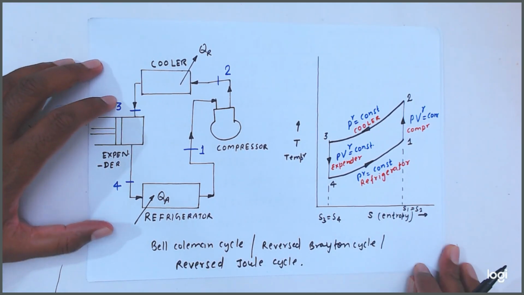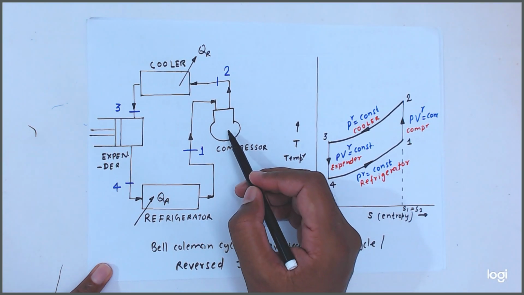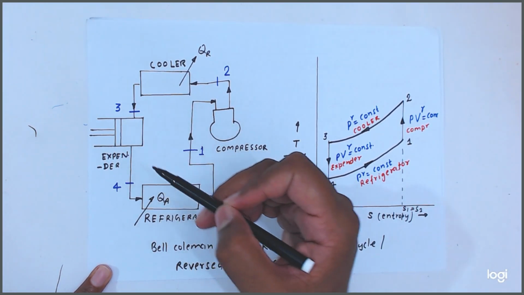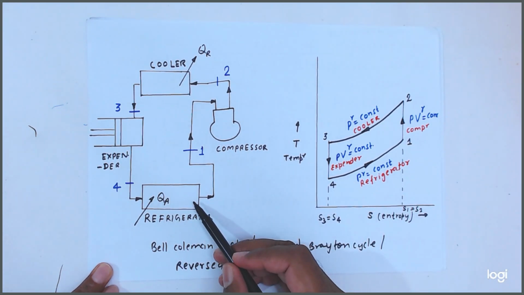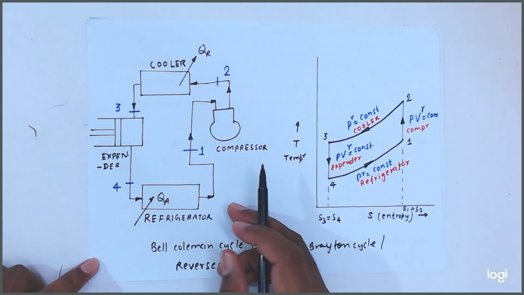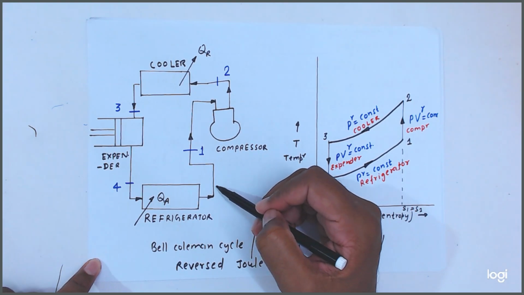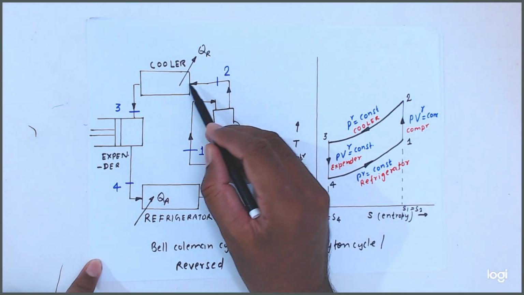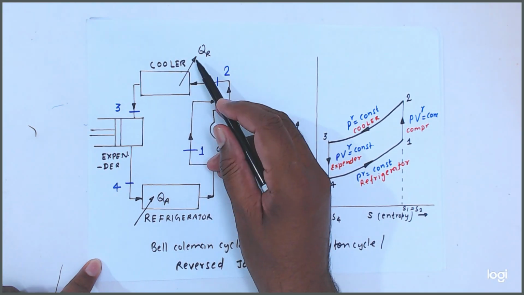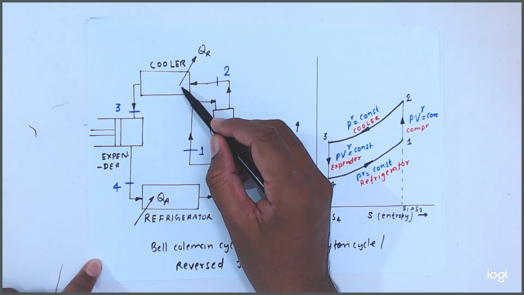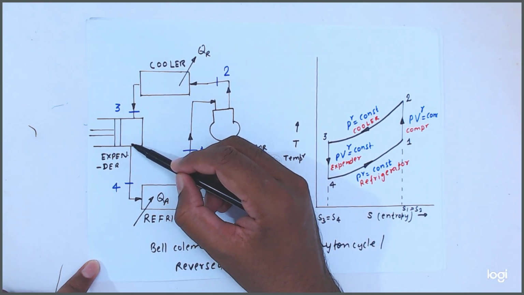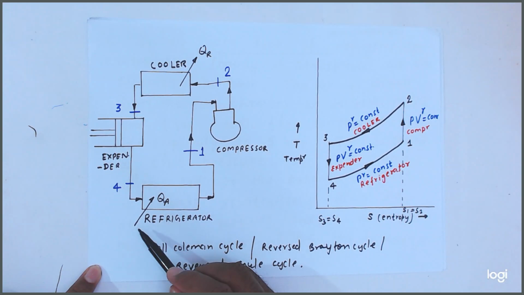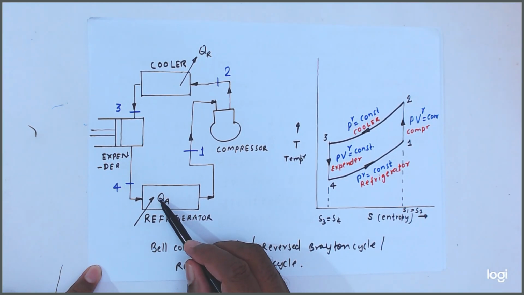Getting friends? In this, one compressor is there, cooler is there, expander is there, and refrigerator is there. Whatever refrigerant is there, it will pass through the compressor, then it will cool, or heat rejection is there in the cooler, then it will pass to the expander, and then it will pass to the evaporator where heat absorption will be there.